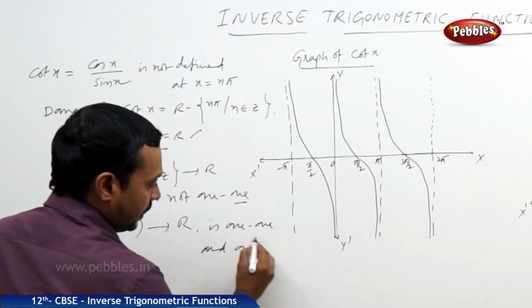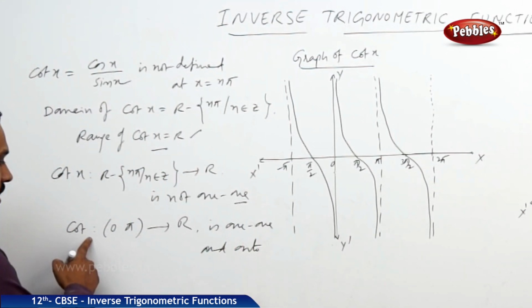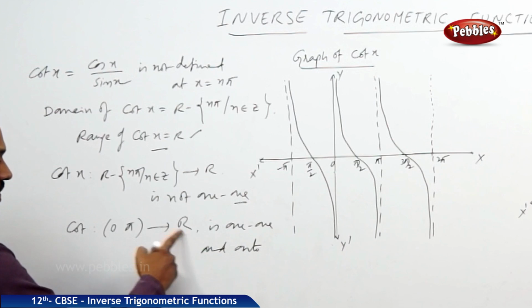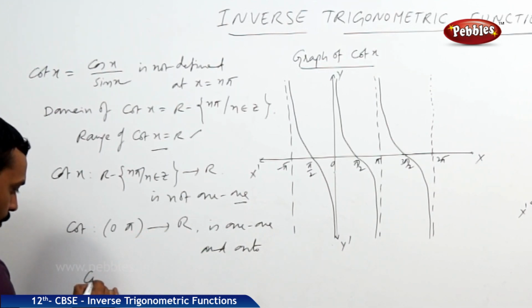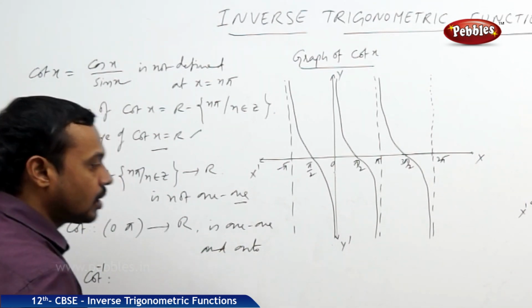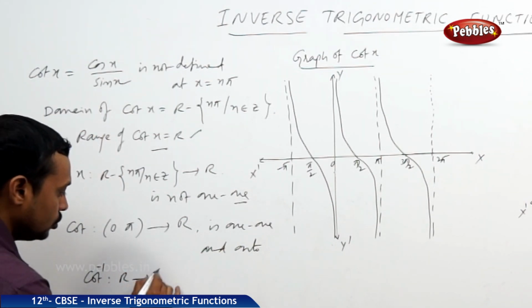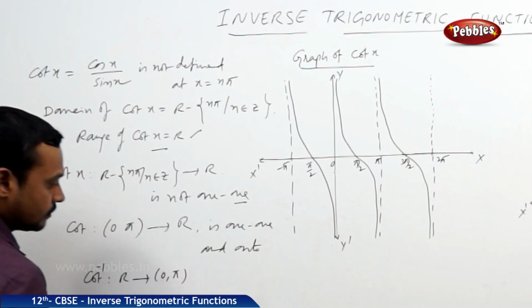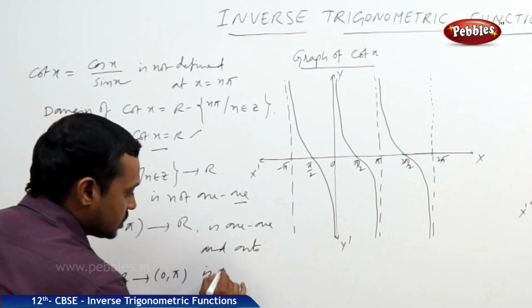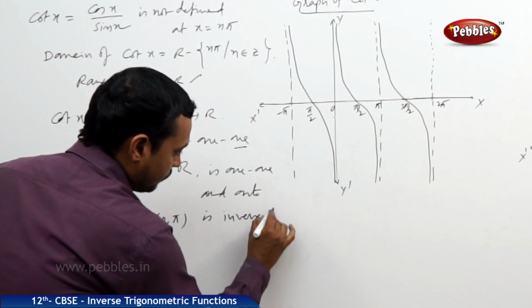Since cot is one-one and onto, a bijection in this interval, the inverse of cot, known as cot inverse or arc cot, defined from R to 0 to pi, is the inverse of cot x.